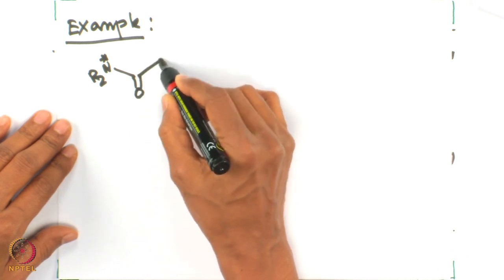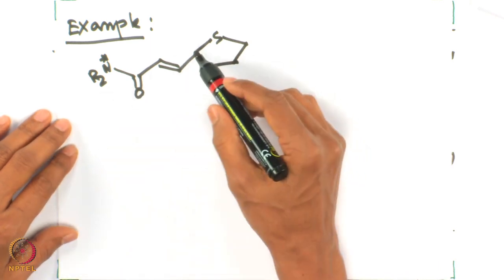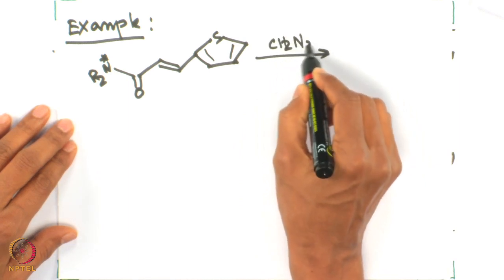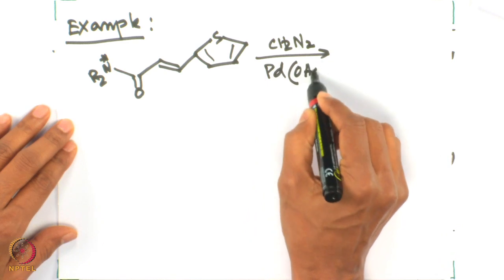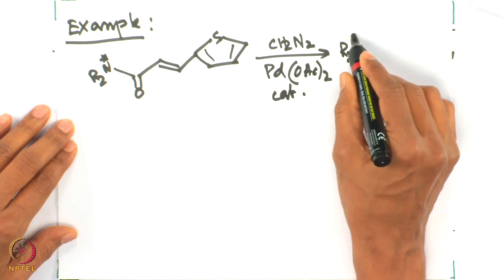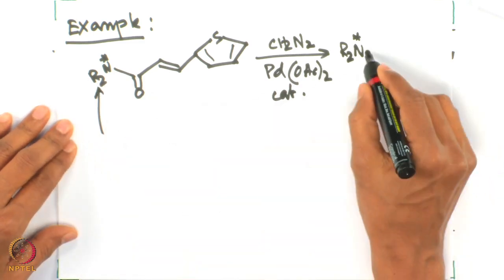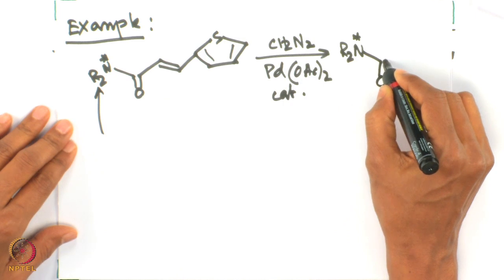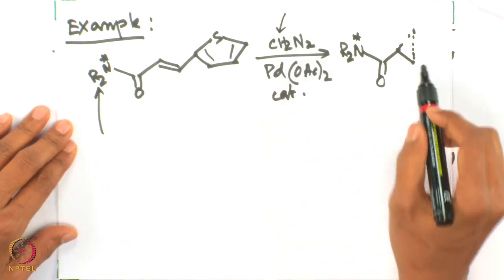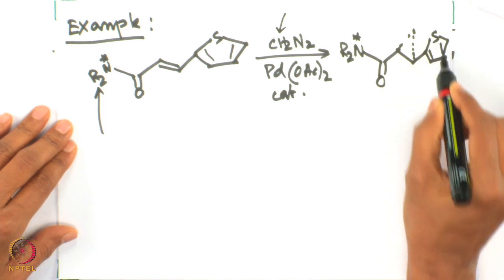Now, with this substrate, if you are taking a propene or the olefin double bond, what you would expect in presence of diazomethane and palladium acetate as catalytic amount is to form, in presence of the chiral auxiliary, a cyclopropane ring, because this CH2 is coming into the picture, and overall you get the product that one would expect.